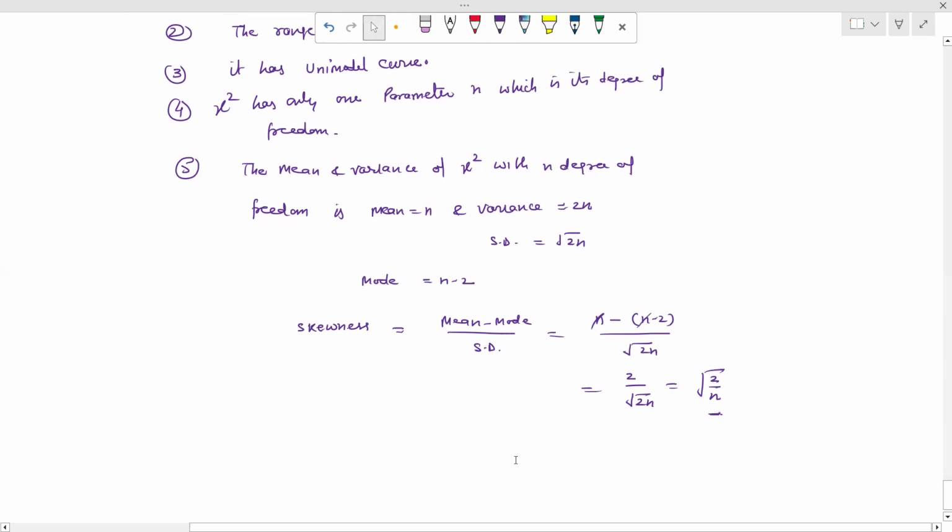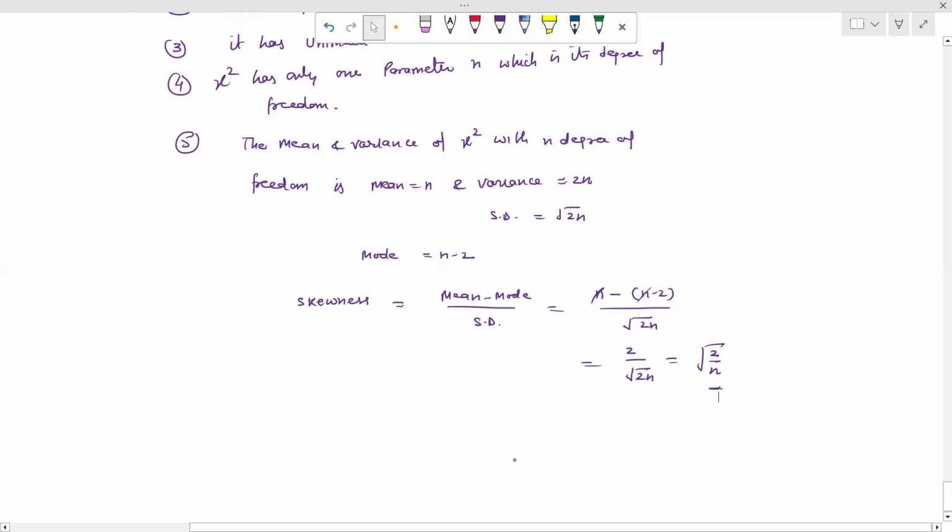Now, after writing the properties we move to the testing. Tests based on chi-square distribution. This symbol is chi-square.